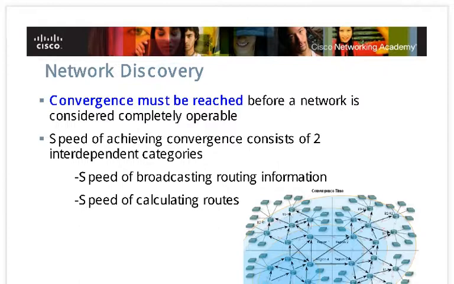Calculating the route is based on the procedure or the algorithm that you use, which in the case of distance vector routing protocol, we said that the algorithm is very simple. You perform certain simple comparison.